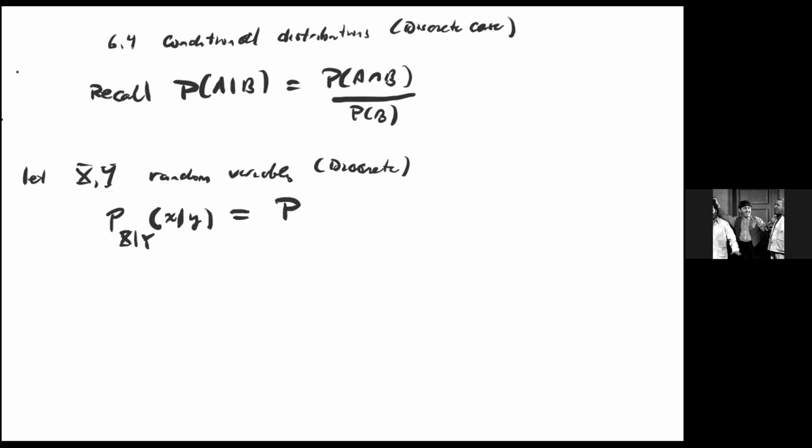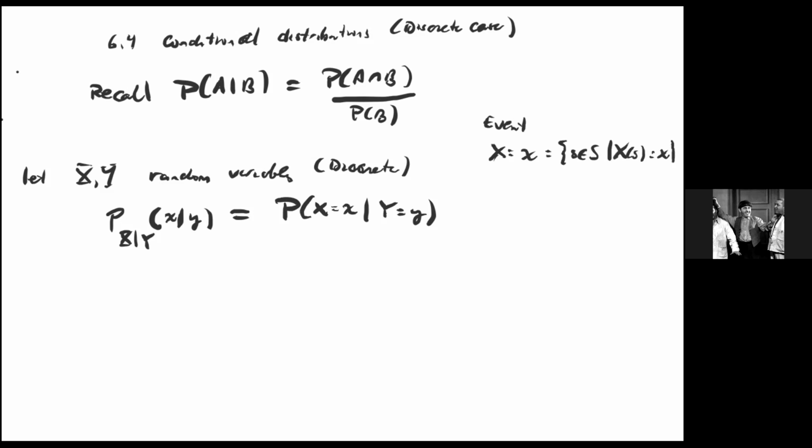It's the probability that X equals x conditional to Y equals y. So here the lowercase x's and y's are elements of the real numbers. And remember what this means. X equals x is an event, and this is notation for the event. It consists of the set of all s in the sample space with the property that X of s equals x.